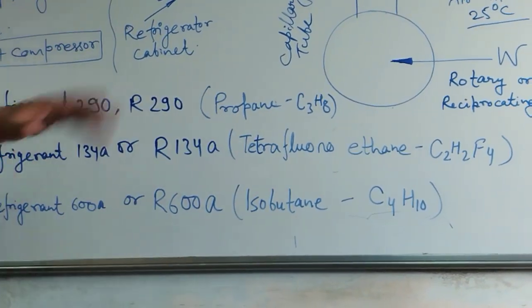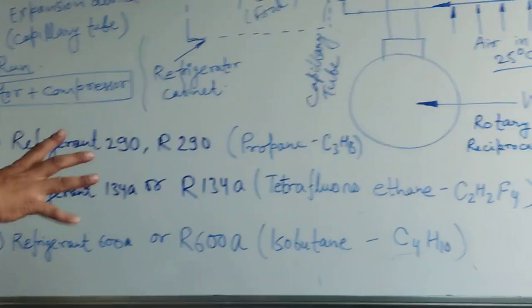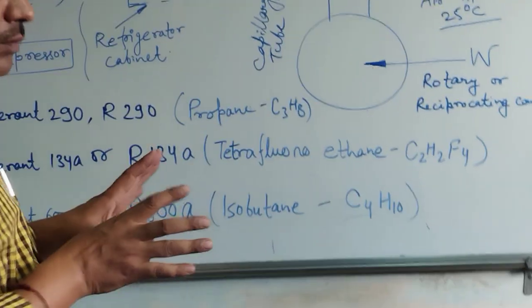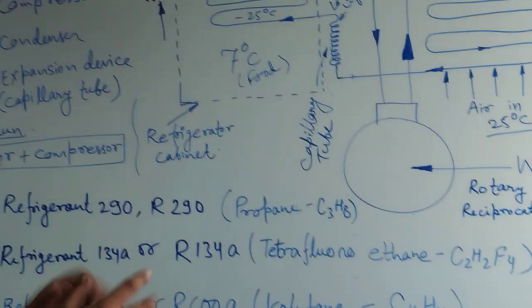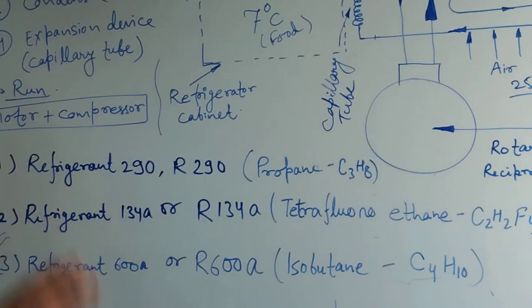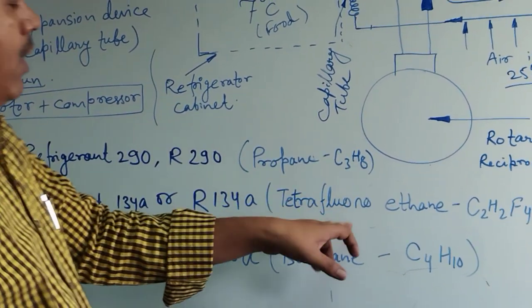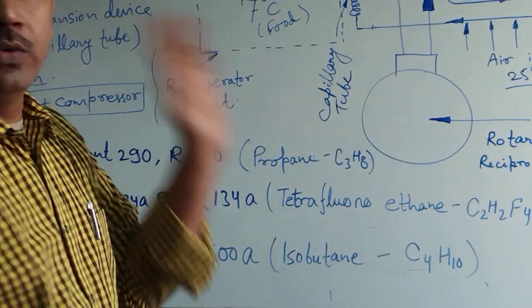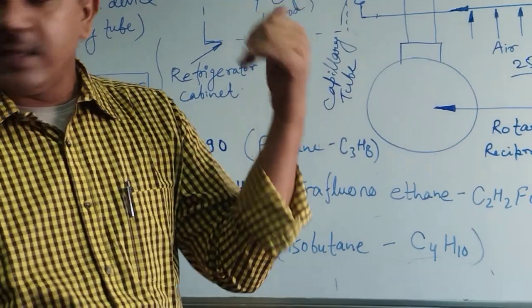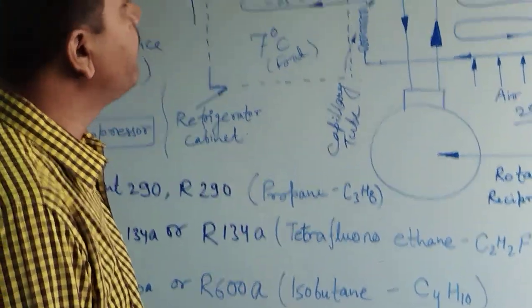It is a good environmental refrigerant, the safest for the environment. Refrigerant R134A, tetrafluoroethane, is generally used in our air conditioner as well as the refrigerator.